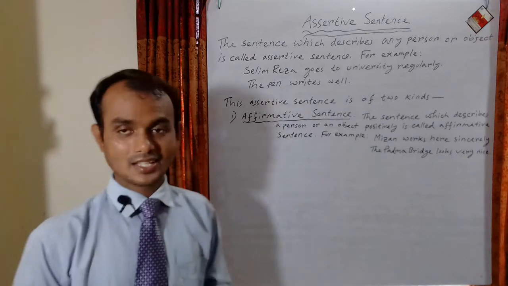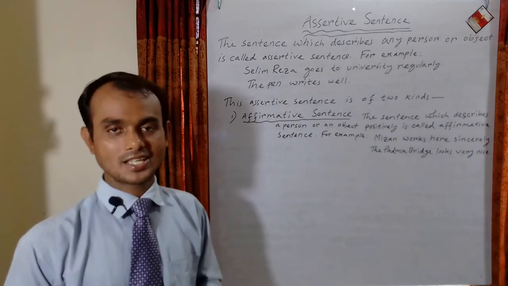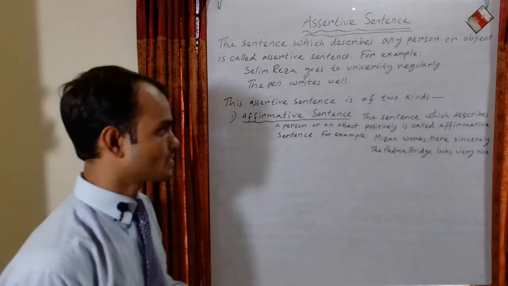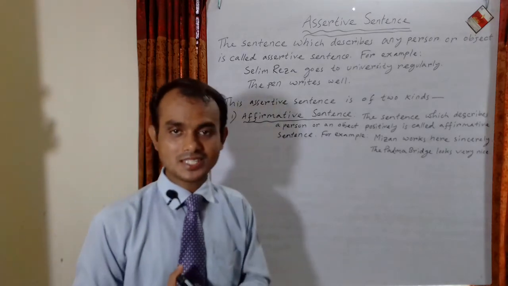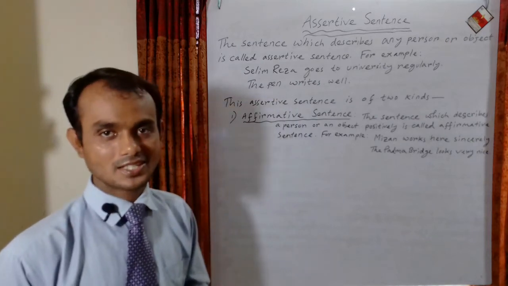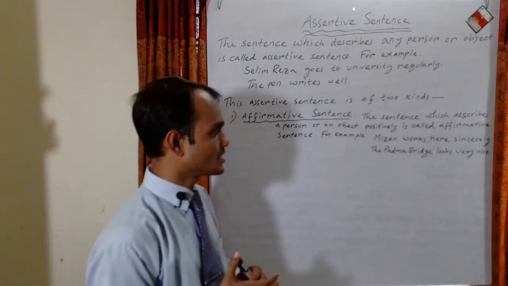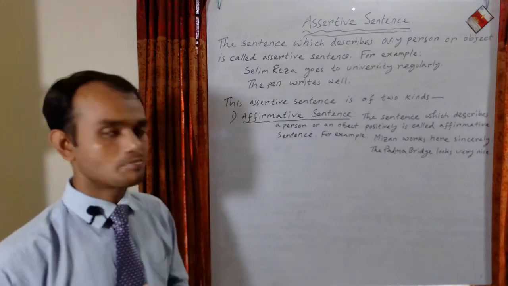This sentence describes the object, the Podda bridge. So this is also an assertive sentence. What type of assertive sentence? This is affirmative sentence because this sentence tells something positively here.